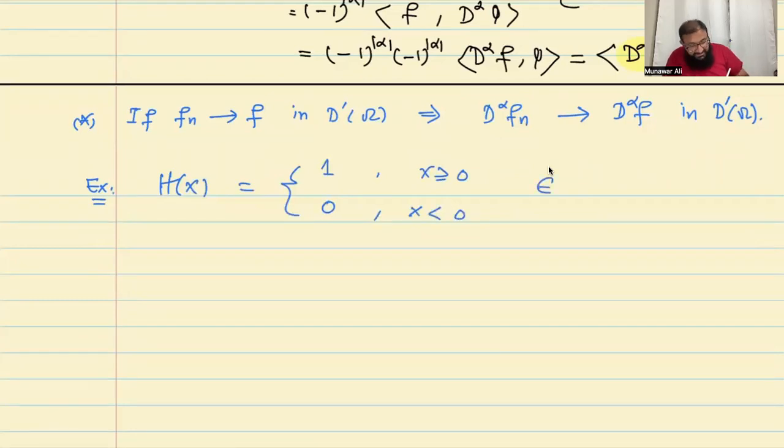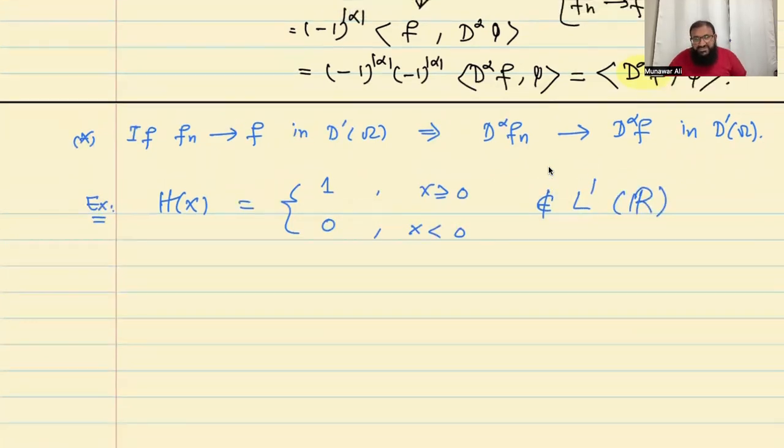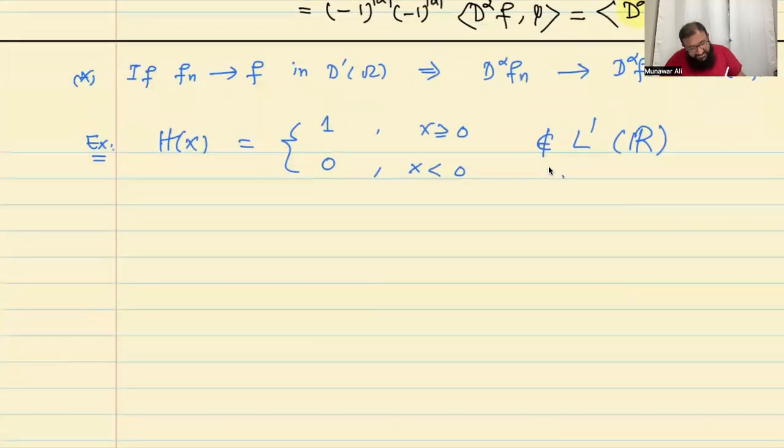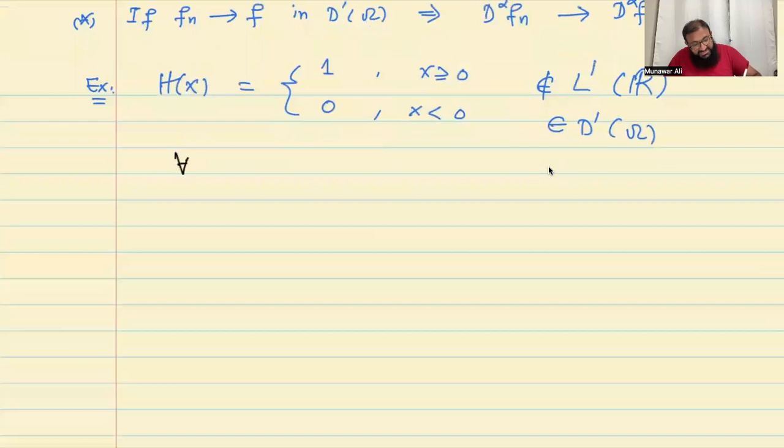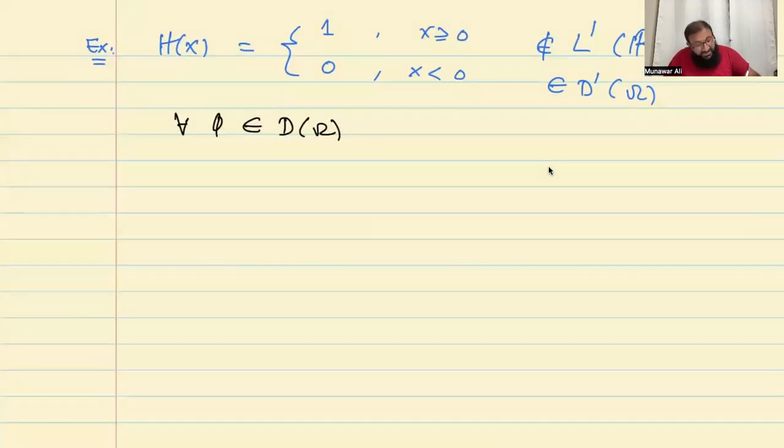You know very well this does not belong to L1 over R, because when you integrate this on whole R, you get something which is not bounded, but this belongs to the space of distributions. So what can I say about the derivative of this Heaviside function? How can I make sense of the derivative? I will write h of x here, and I will write the derivative of phi with respect to x here, since it is only one component.